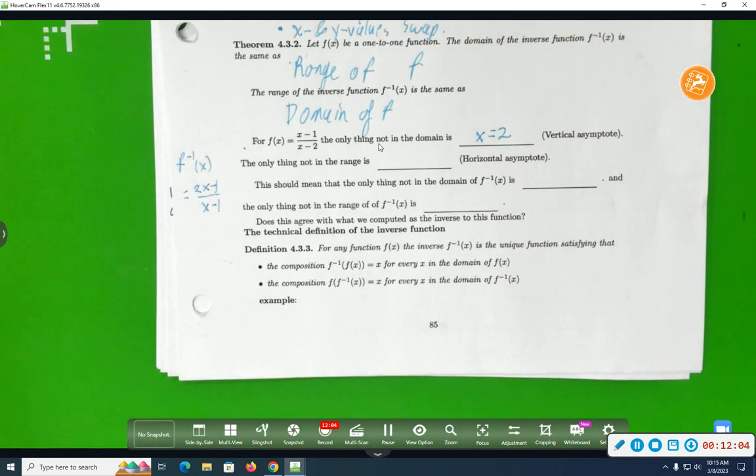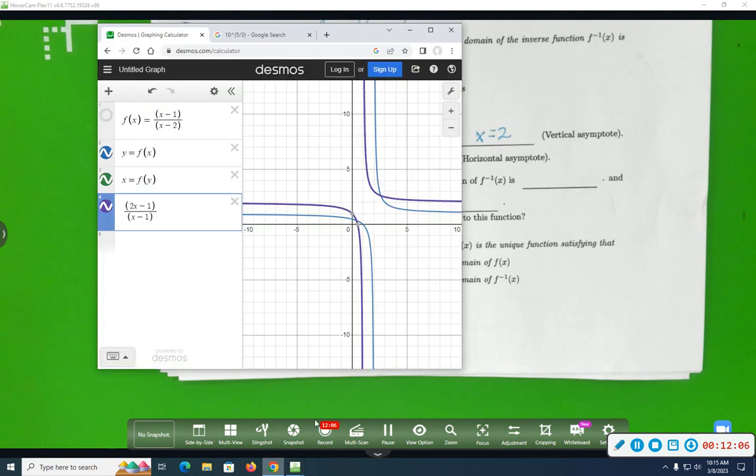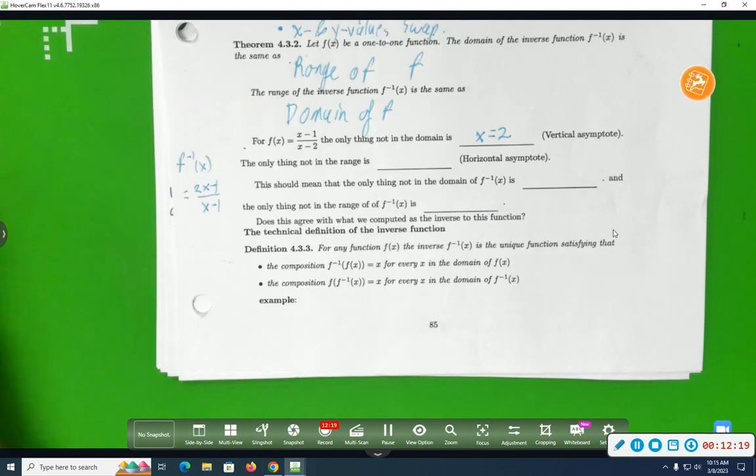If you look at the graph of that function, you'll see that the only thing not in the range is the horizontal asymptote. This function never crosses its horizontal asymptote. Some do, this one doesn't. So the horizontal asymptote is the only thing not in the range. Where's the horizontal asymptote of that function? 1.